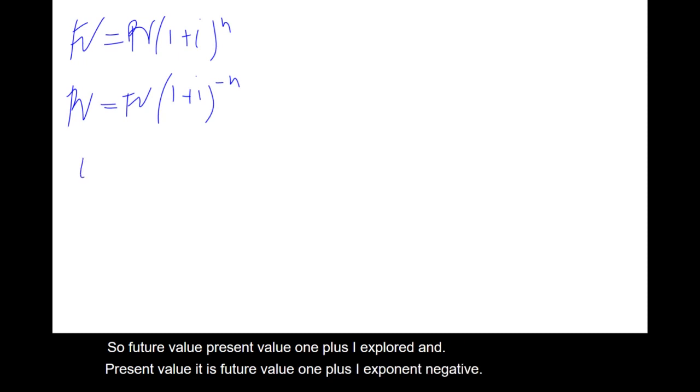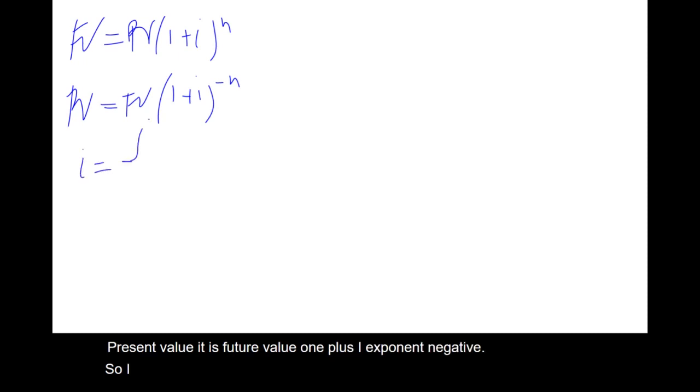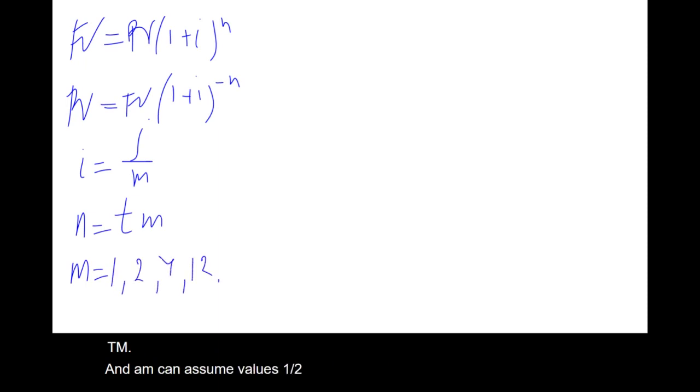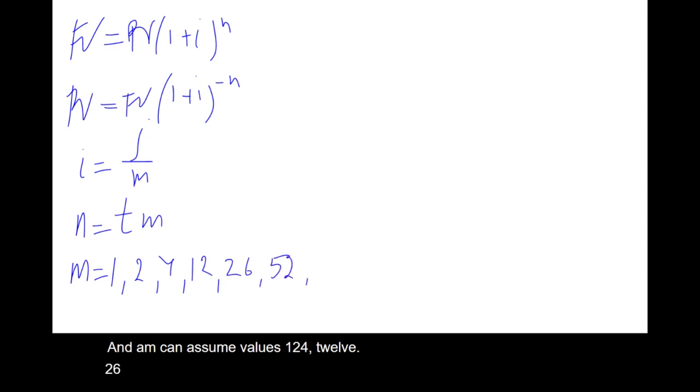So i is j over m, n is tm, and m can assume values 1, 2, 4, 12, 26, 52, 365.